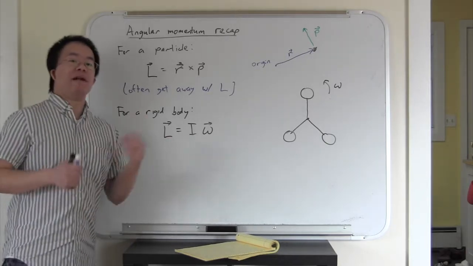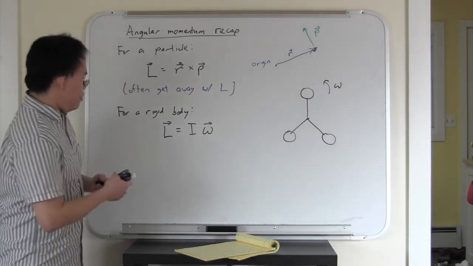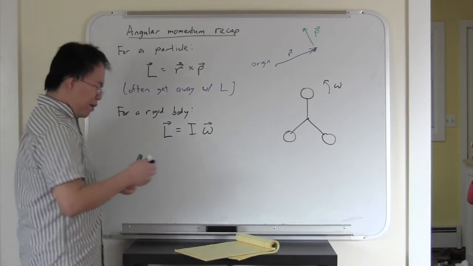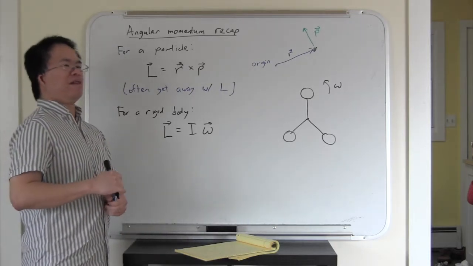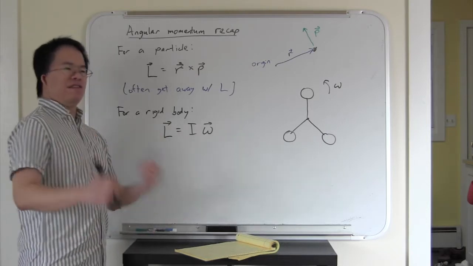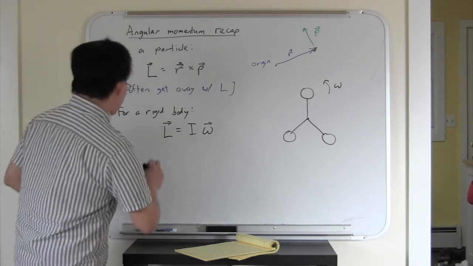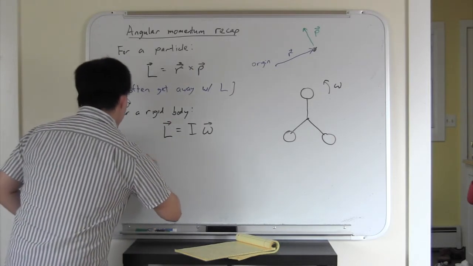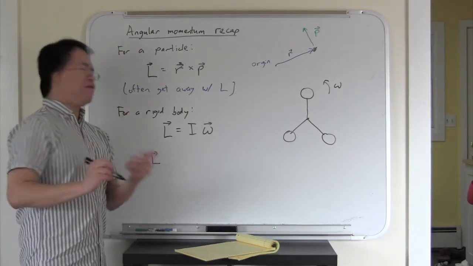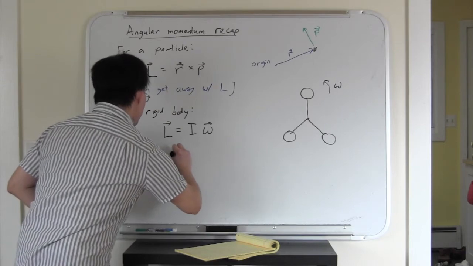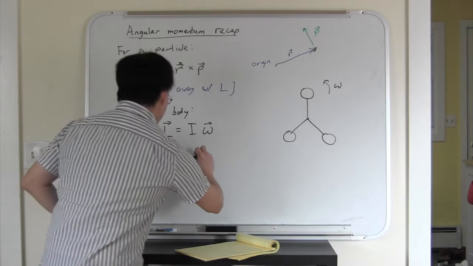So why angular momentum matters is the angular momentum principle, and we probably did talk about this briefly. Just like there's a momentum principle that relates changes in momentum to an impulse, similarly it turns out that changes in the angular momentum of a system have to do with a net torque acting over a time interval.